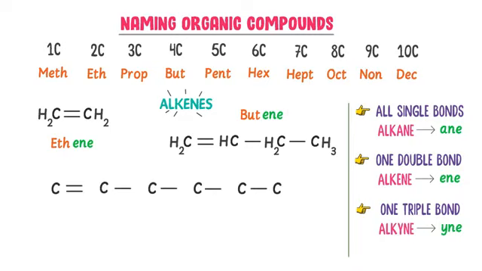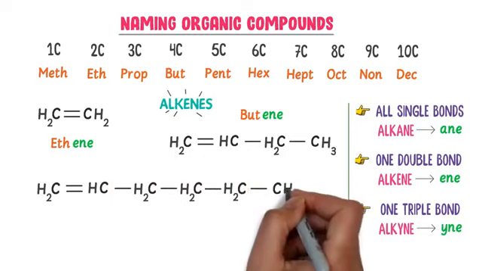Now consider six carbon atoms in which there is one double bond. Pause the video and try to name it. Well, this carbon has already formed two bonds, write H2. This carbon has formed three bonds, write H. These three carbon atoms have formed two bonds each, write H2, H2 and H2 with them. This carbon has formed one bond, write H3.